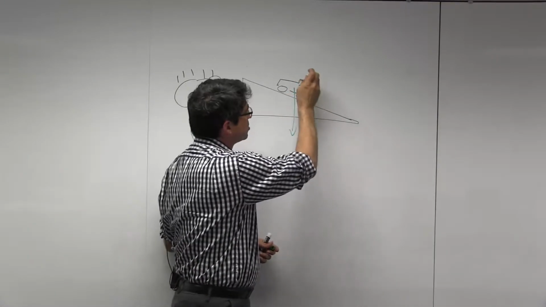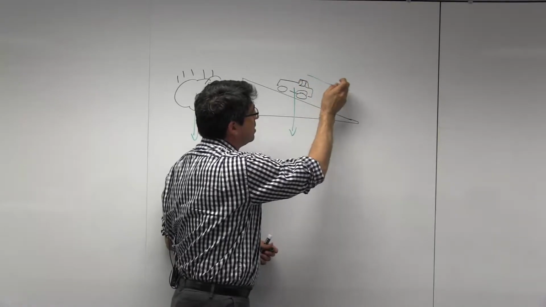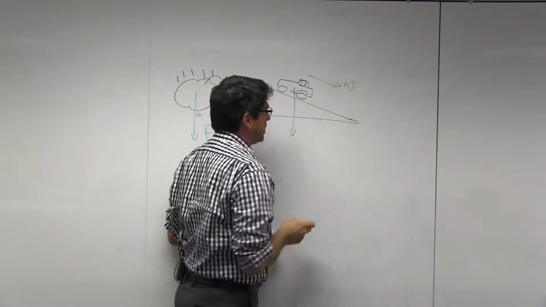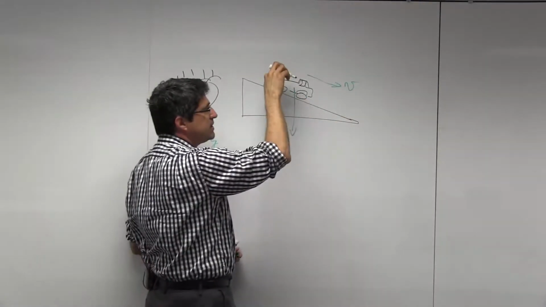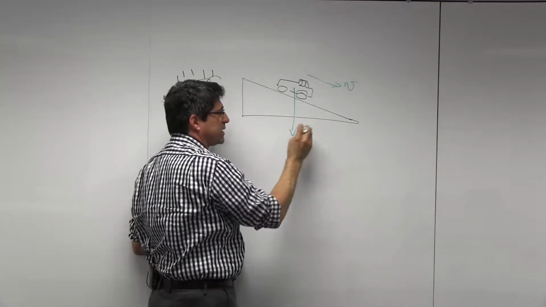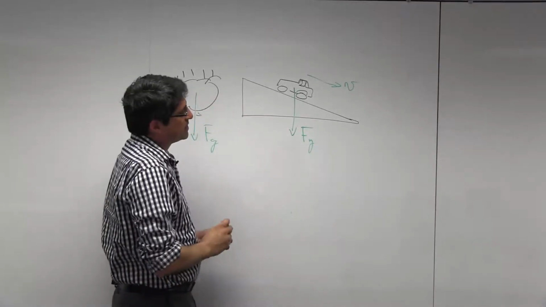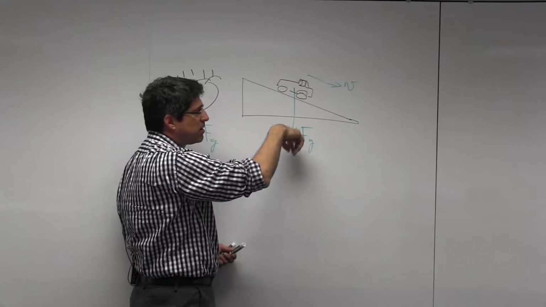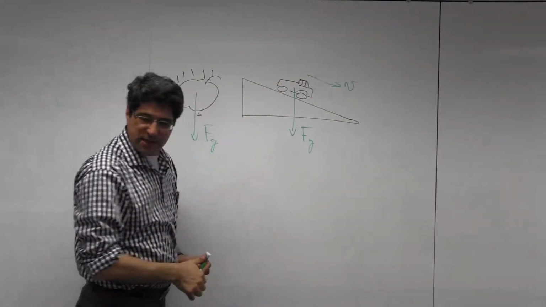We know that the car moves in this direction with a velocity v, but why does a force going downward cause a velocity in this direction?